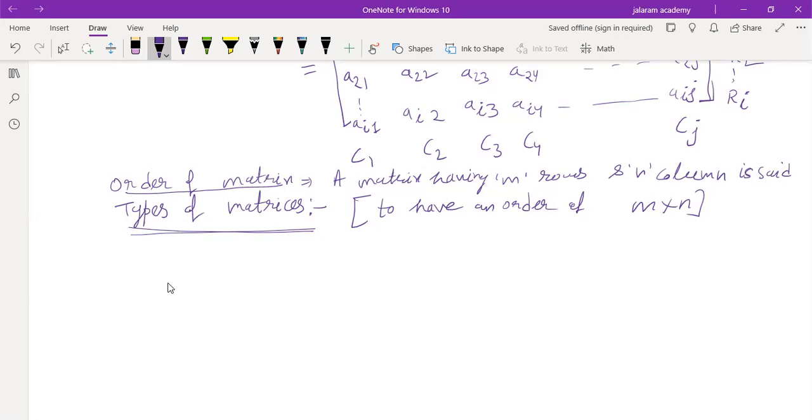So on the basis of this, we will describe the types of matrices. First, row matrix. The name itself is sufficient to identify that it has only one row.